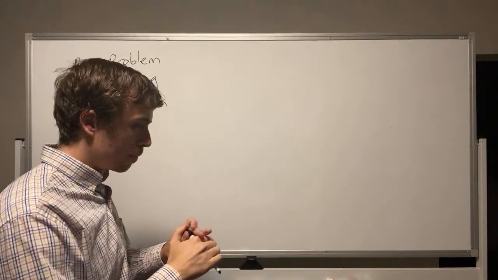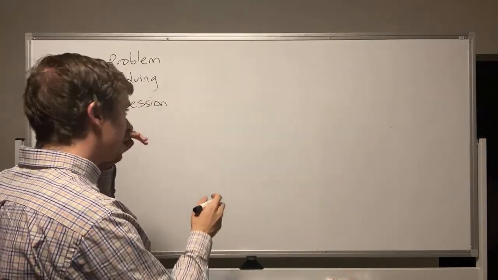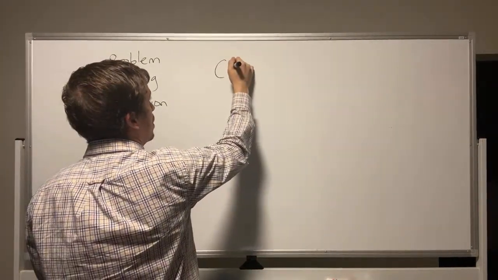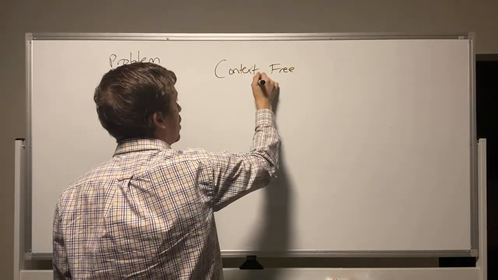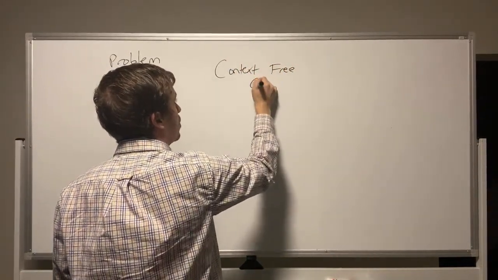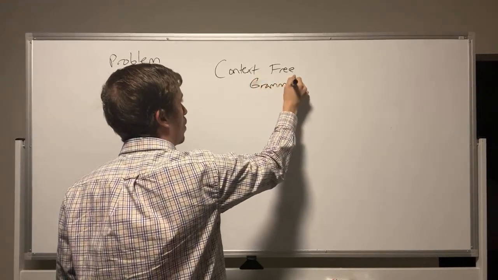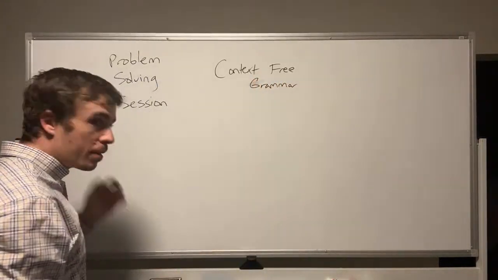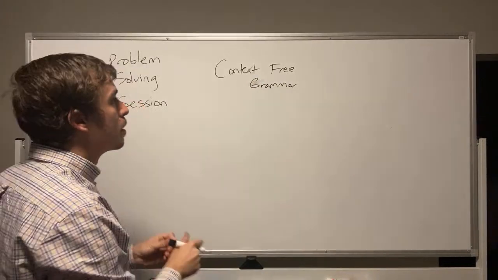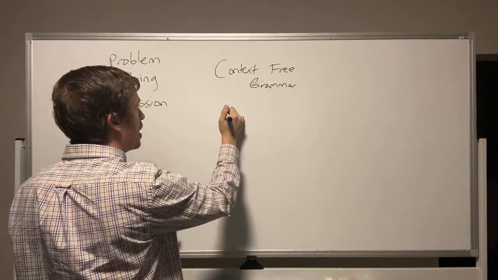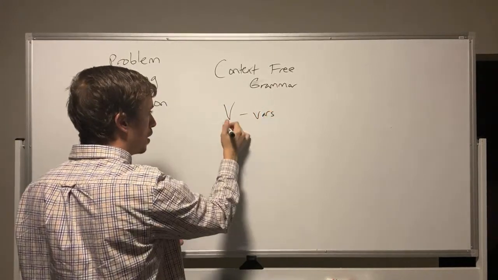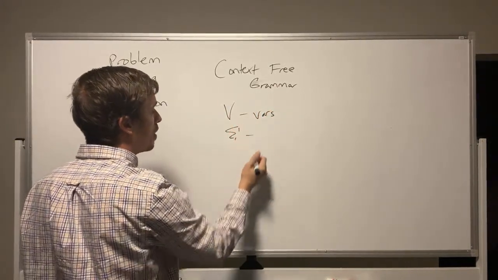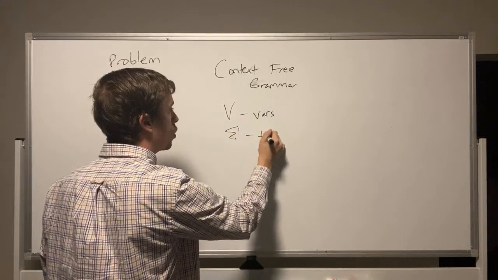So let's do some context-free grammar problems. Remember that a context-free grammar has 4 things in it. It's got a set of variables, and then a set of terminals.